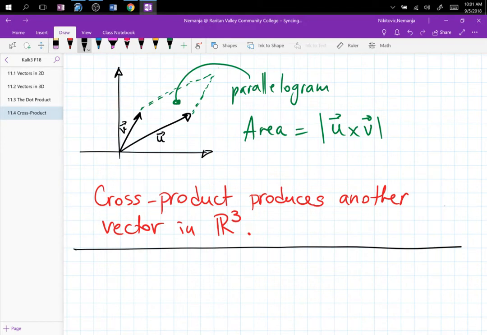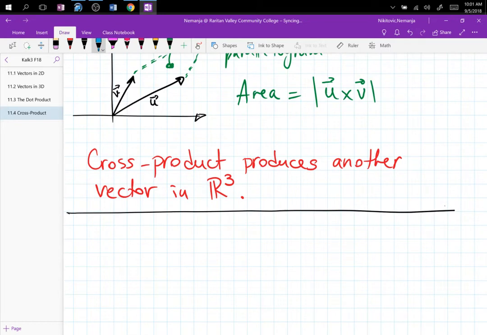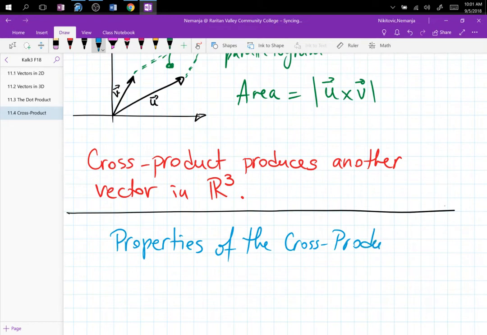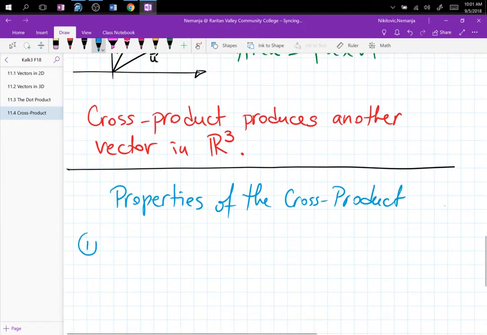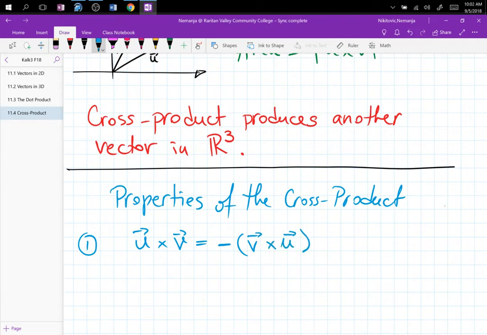So we have properties of the cross product. Cross product is not commutative, but it's very close to it. U cross v is equal to the negative v cross u. It's almost commutative.